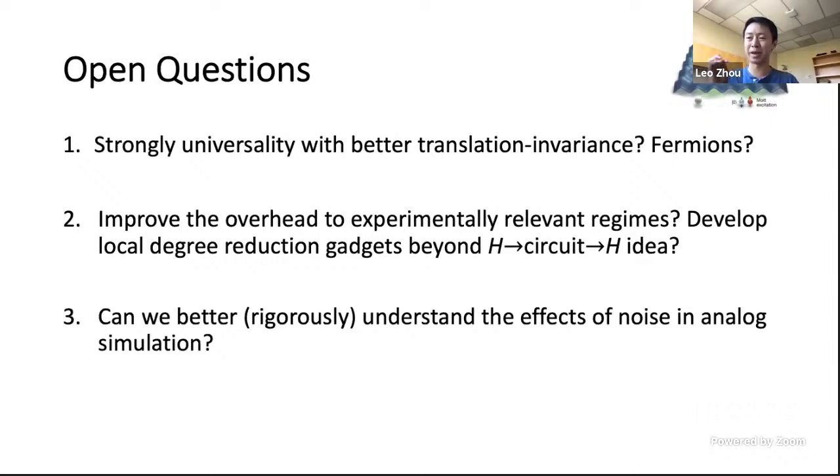Now, some of you may know that gapped Hamiltonians in a finite dimensional lattice, for example, necessarily have exponential decay of correlation. So that means that if you map that dense Hamiltonian to a finite dimensional lattice, you cannot reproduce this strong correlation between every pair of particles, because necessarily there exist particles that are far apart once you map it to the finite dimensional lattice. Does that help? Yeah, that helps a lot.